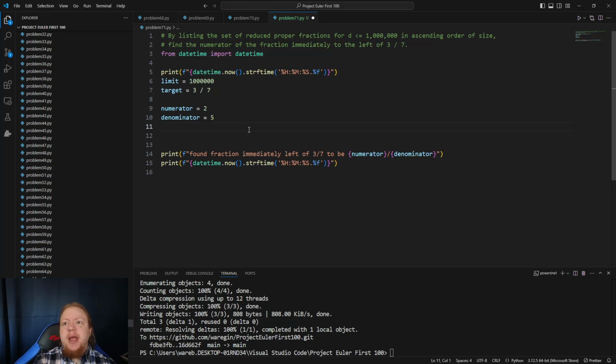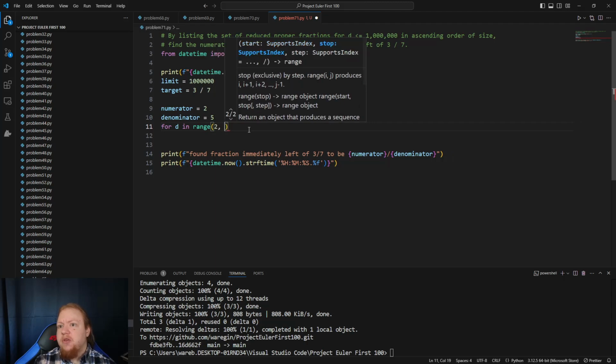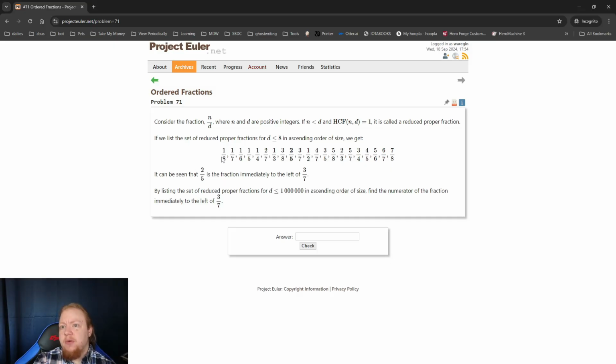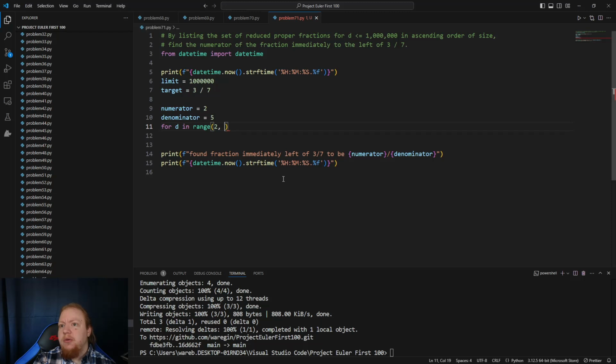So we have to add some actual logic here. For d in range, I'm going to start with 2 because 1 over 1 is just 1, and go up to the limit.